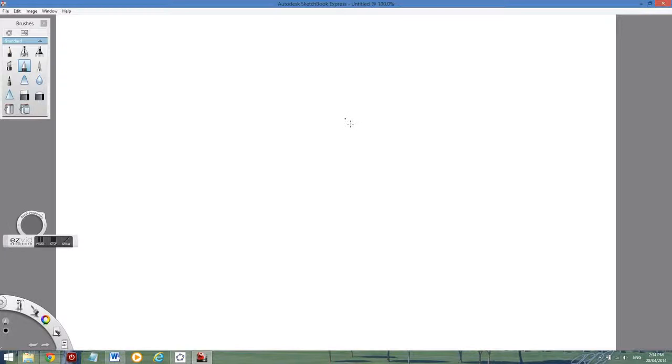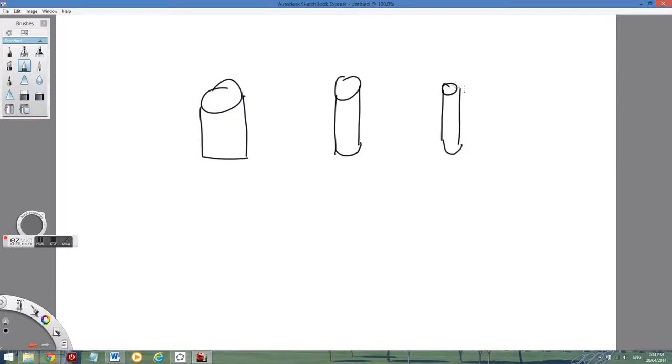He had three different Coke bottles, basically three bottles of the same size. Sorry for the drawing, I drew them differently.